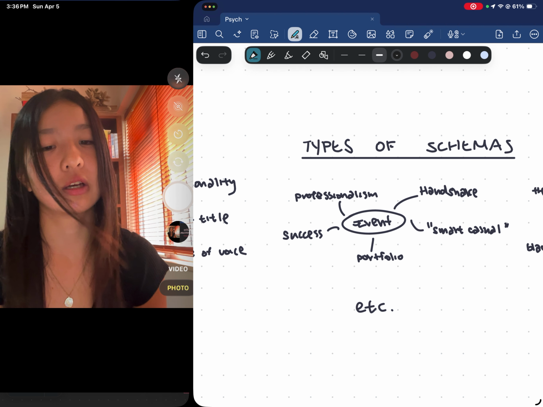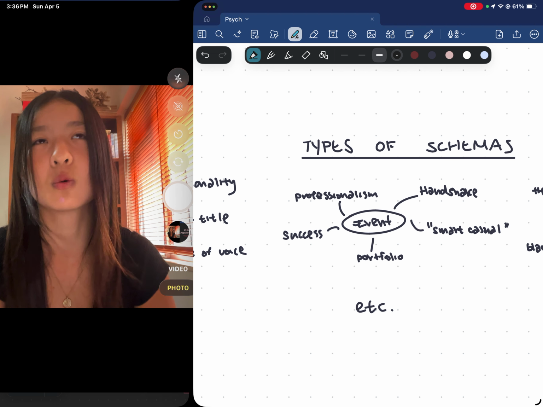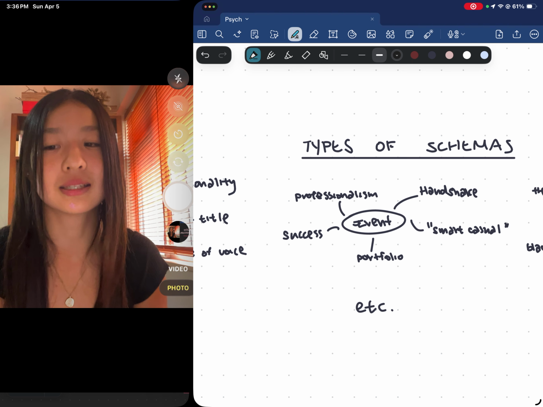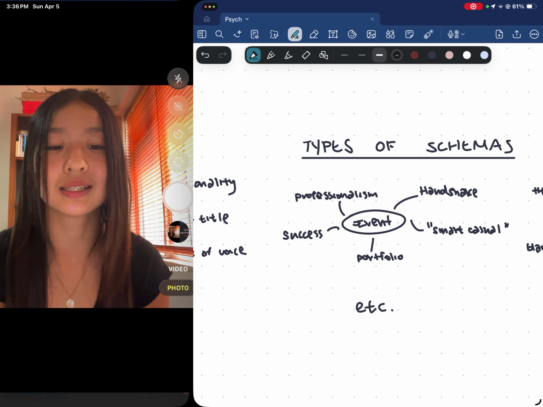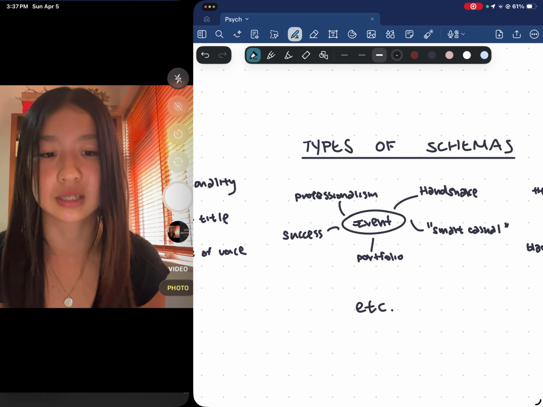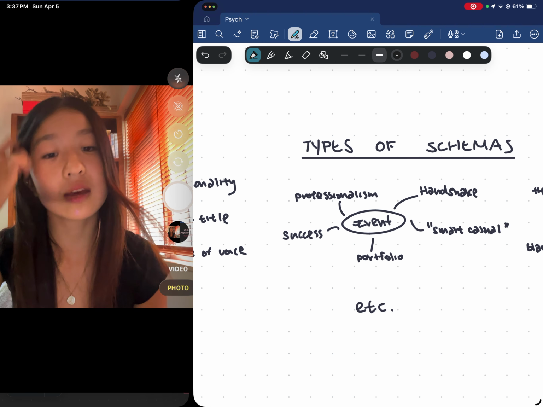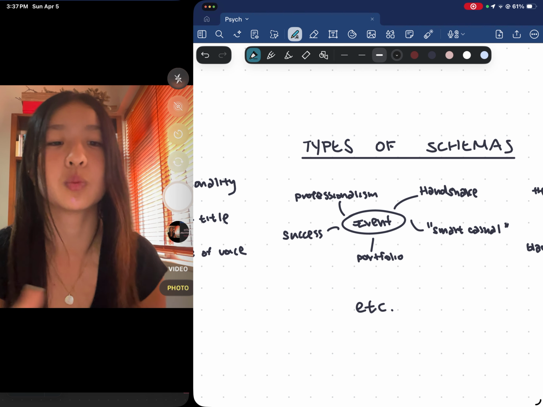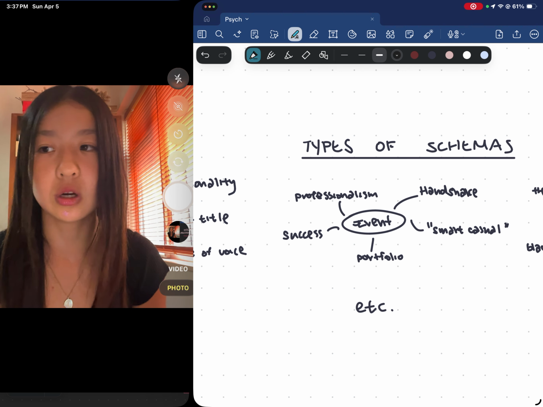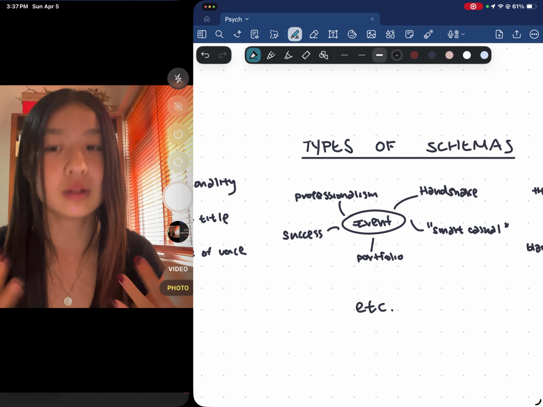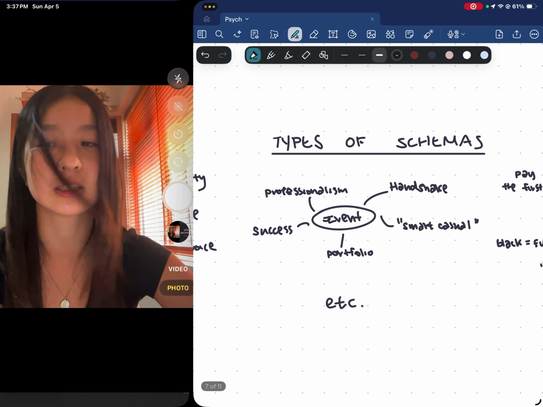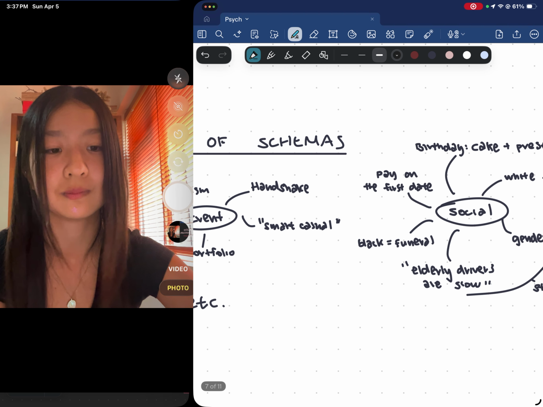We associate certain things, like we associate success with certain types of people or appearances, even though these are technically stereotypes. Maybe the event is smart casual and we know what attire you should be wearing, and nobody is directly telling you these things, but we've built these based on past experiences and exposure to these events.